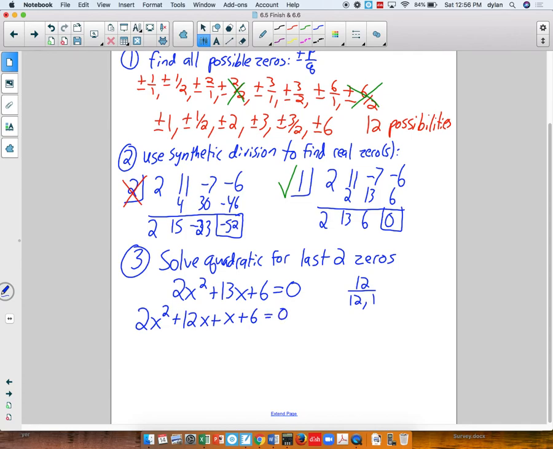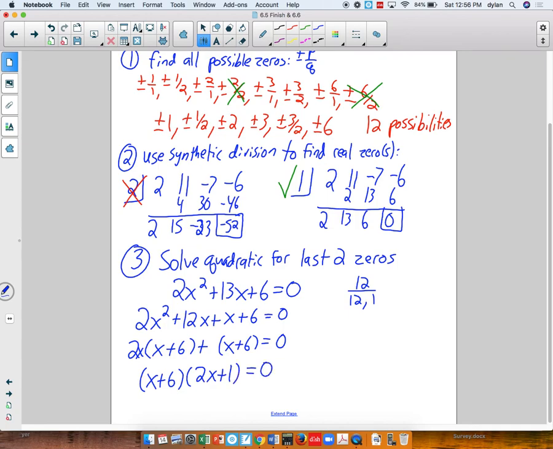So I could split this, so 2x squared plus 12x plus x plus 6 equals 0. And then factor each part in pieces, so 2x times x plus 6 plus x plus 6 is already here in this case, and x plus 6 share no factors. So now I can just factor out the x plus 6, and I've got x plus 6 multiplied by 2x plus 1 equals 0.